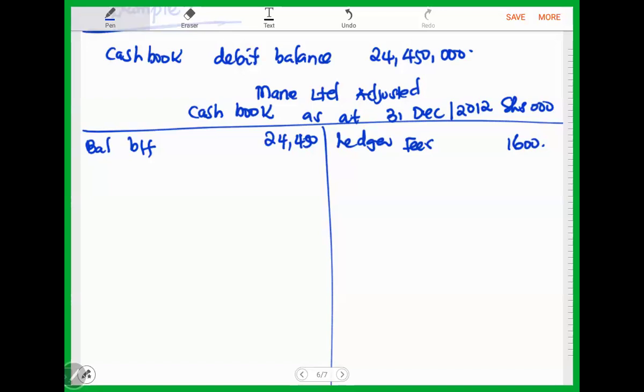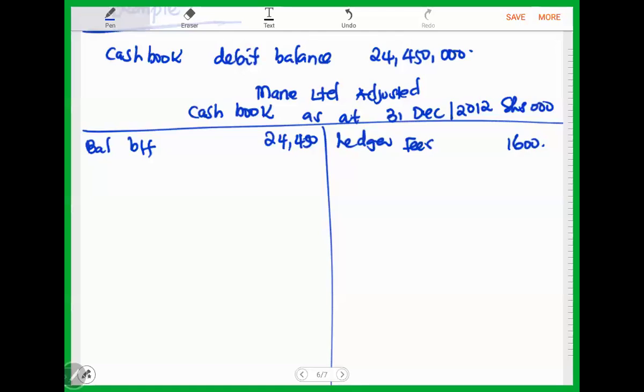Yes. And we're lessing those direct debits. And when we are lessing, we credit the cash book. Are you getting what I'm saying? We are crediting the cash book to show that we are lessing this. How about the bank reconciliation statement?